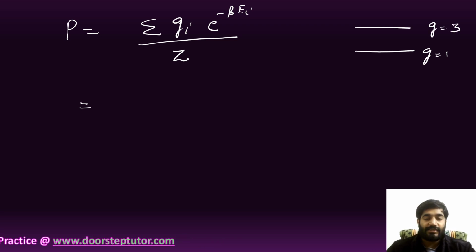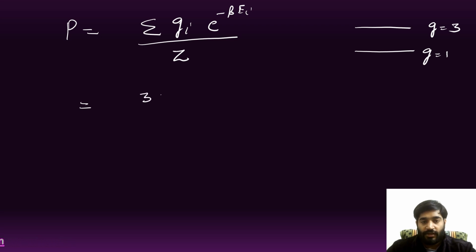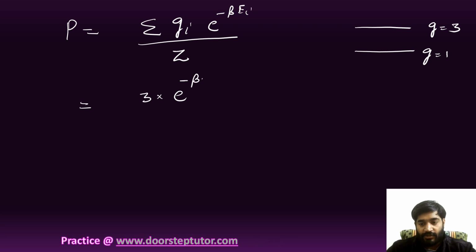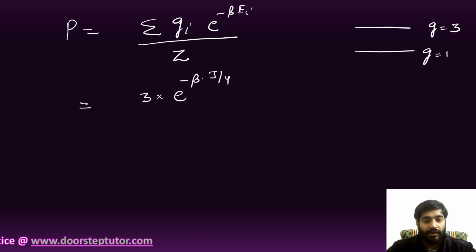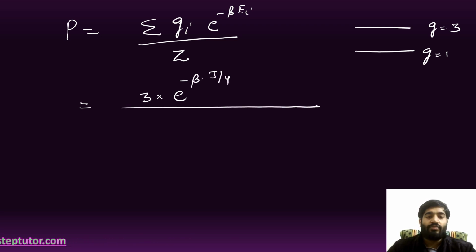So g's value is 3 into e to the power minus beta times E, where E at g equals 3 is the triplet, and that is J by 4. So it's beta times J by 4. Clear? Over the partition function. The partition function is the sum over all the energies.